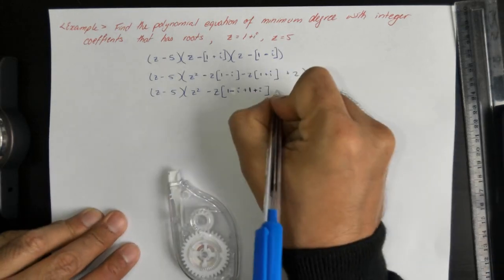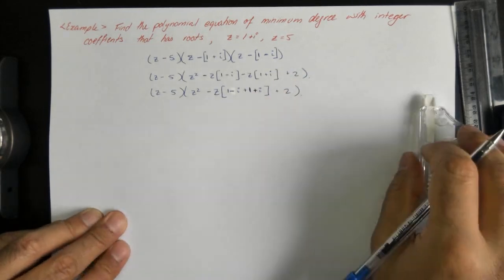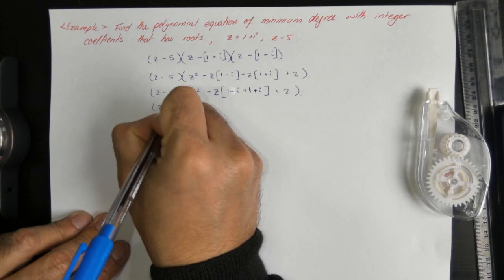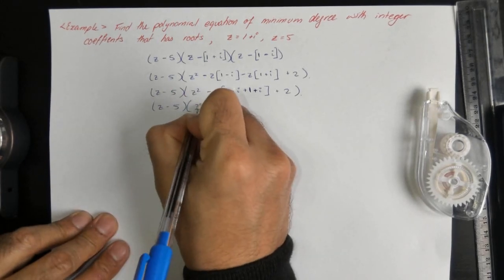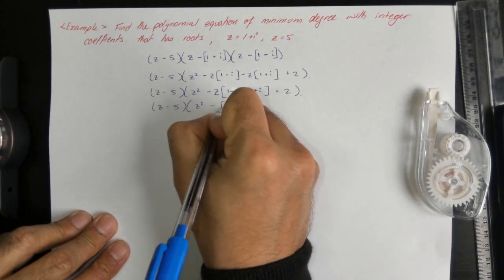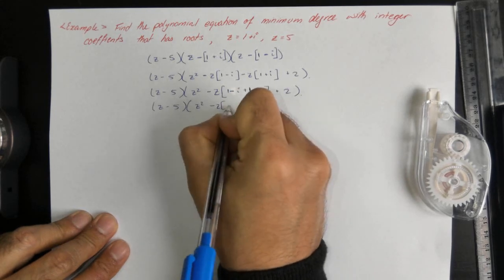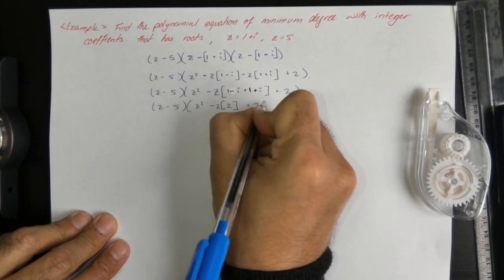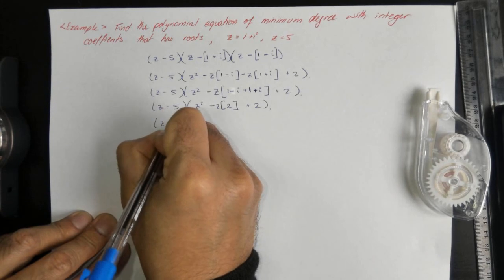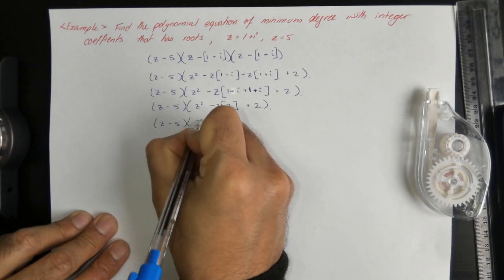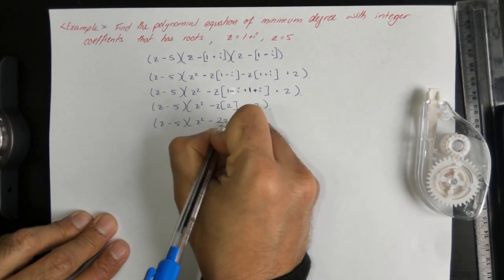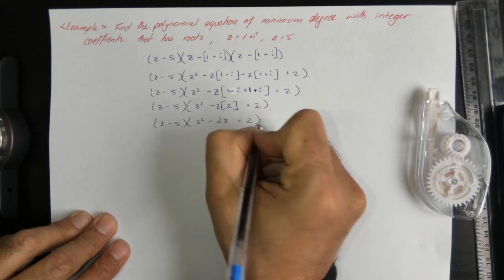Like that. Plus 2. Which cleans up to be z squared minus 2z plus 2. So z minus 5, z squared minus 2z plus 2.